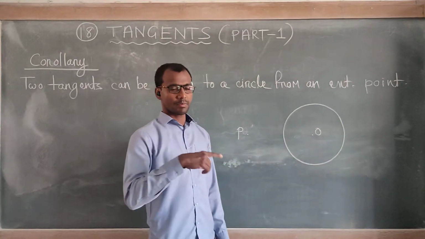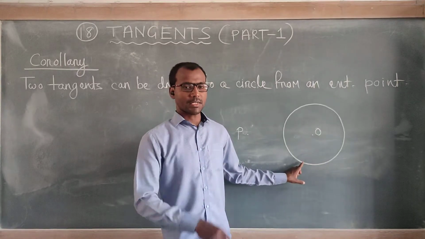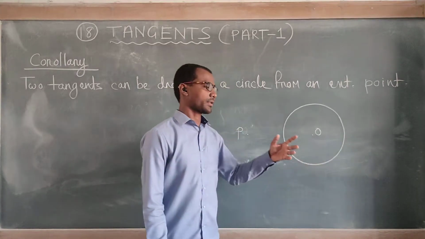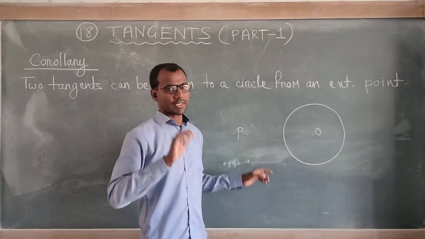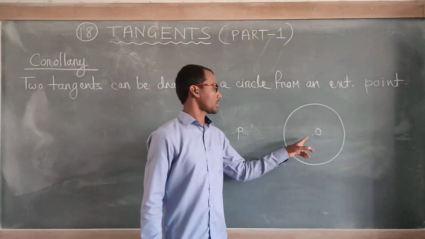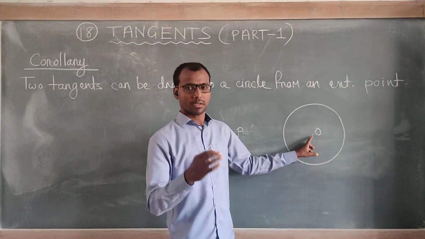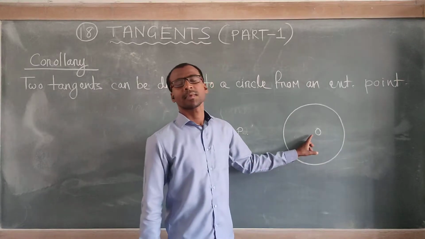Remember, a few minutes before I told you, through a point on the circumference we can draw only one tangent, and through an exterior point we can draw two tangents. But if you take any point inside the circle, suppose O, don't take it as the center. Imagine that it is a point inside the circle.